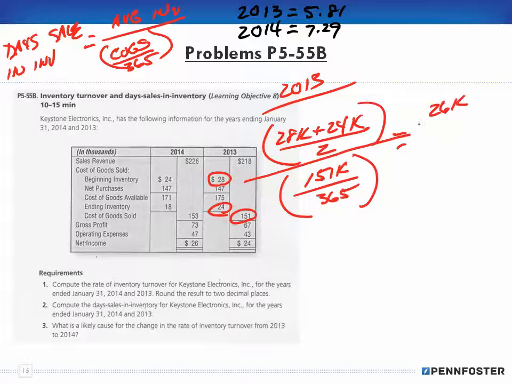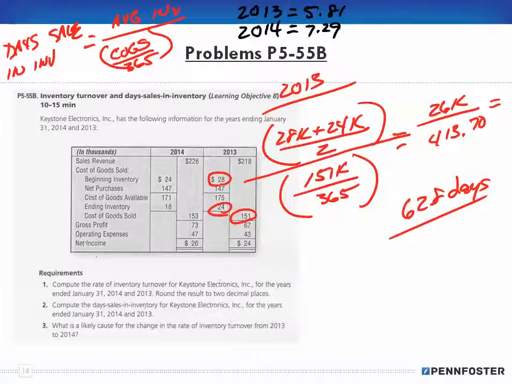So that's 26,000, our average inventory. And if we take the 151,000 and divide that by 365, we get 413.70. I rounded to 2 places. And if we divide the 26,000 by the 413.70, we end up with 62.8 days of days sales in inventory. All right. So for 2013, that's 62.8. Okay, pause the video. I'm going to erase this.